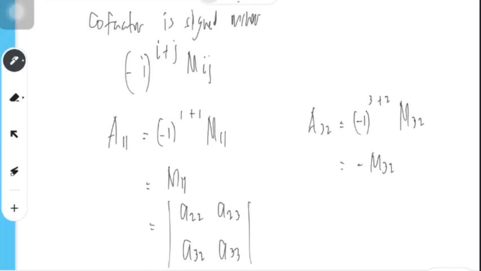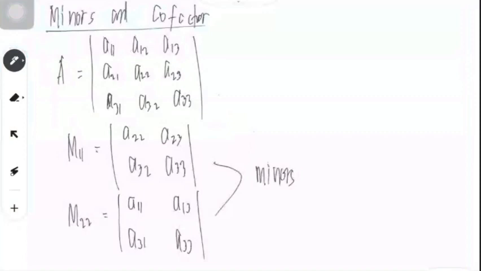Or simply, it is like this. Balik tayo dito. The cofactor of A11 is positive. Why? 1 plus 1 to the second is positive. Dito, sumunod, 1, 2, we have 1 plus 2 is 3, negative 1 to the third power is negative. So, the sign simply alternates, no? Tingnan ninyo.